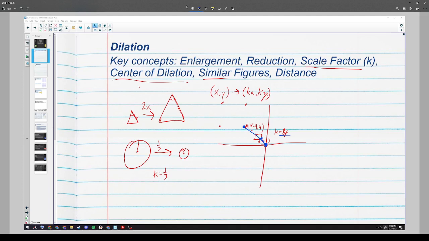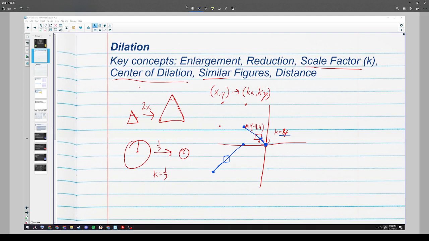So with that idea, my center of dilation doesn't have to be at the origin. It can be anywhere. I could take a square over here and put my center of dilation down here, and all I need to do is make sure that my k value tells me the ratio of the distance from here to here and then here to wherever the new version of that point is.